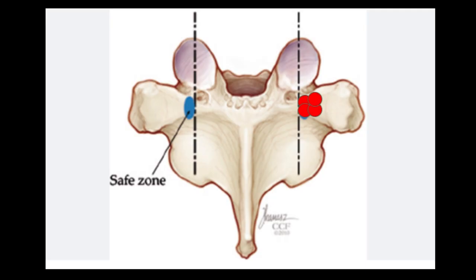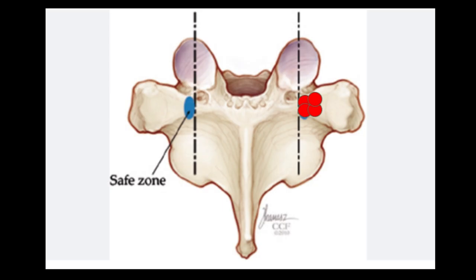So you can see the figure, you can see the superior articular facet and the line which is bisecting the superior articular facet. We will come to this particular line, but you can see that the four dots are the possible entry points. So there is a superior medial entry point, superior lateral entry point, inferior medial entry point, inferior lateral entry point.